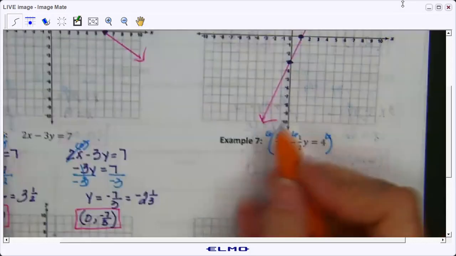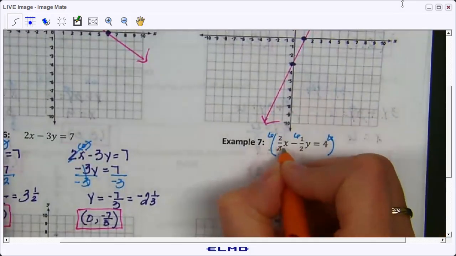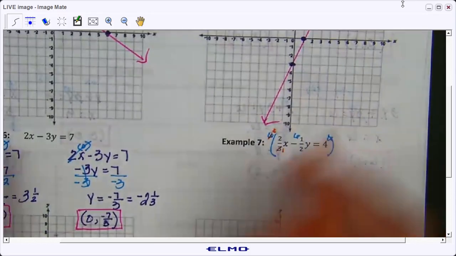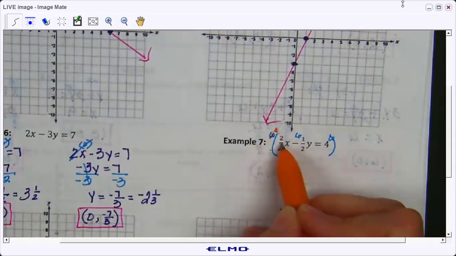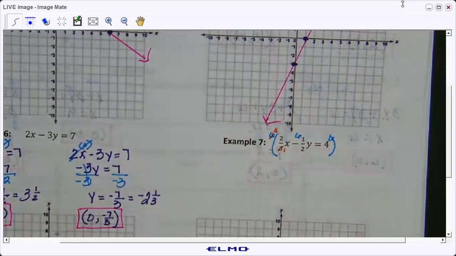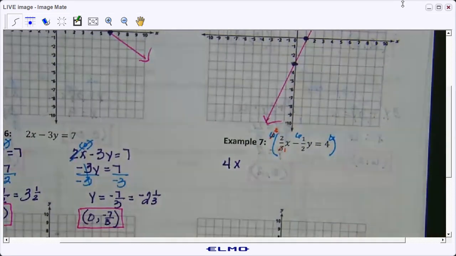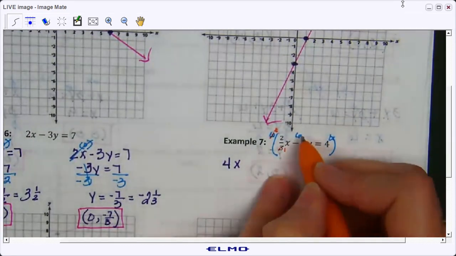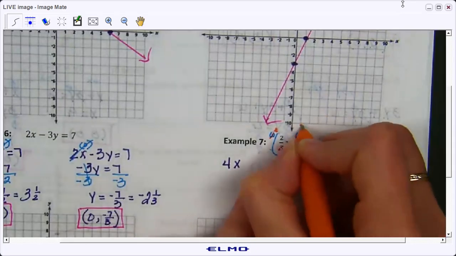Now, when I do this, I'm going to cross simplify my 3 and my 6, and I end up with 2. And 2 times 2x is 4x. And then I cross simplify my 6 and my 2, and I get 3.